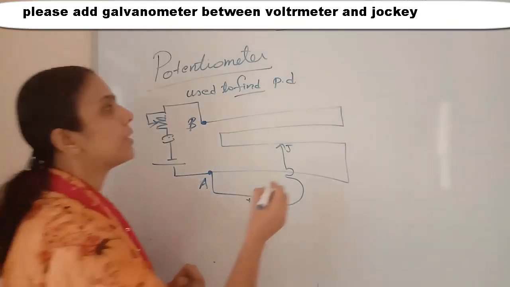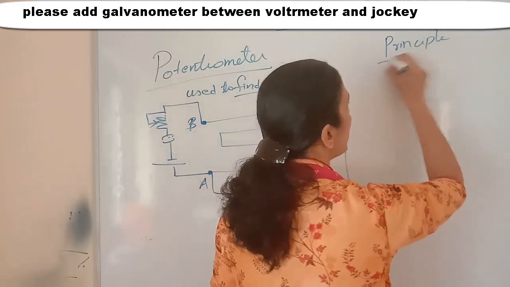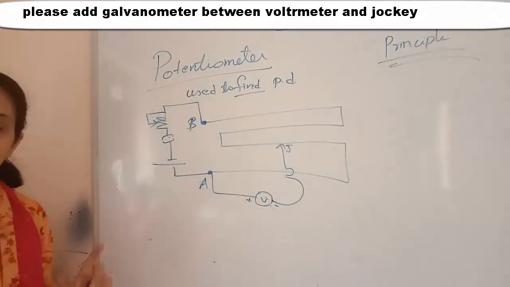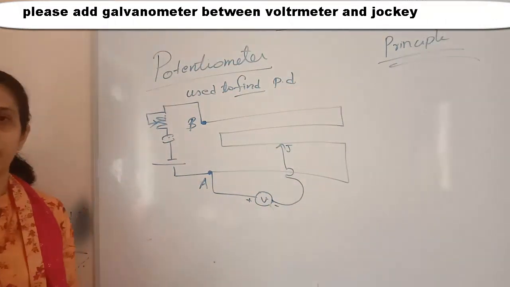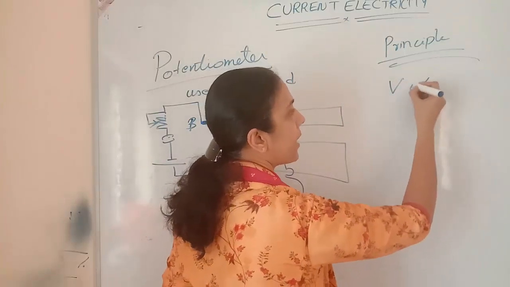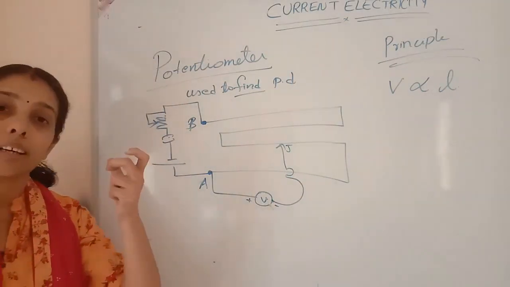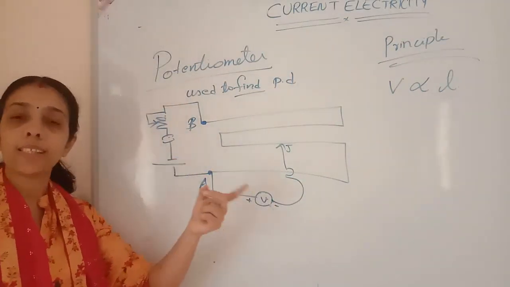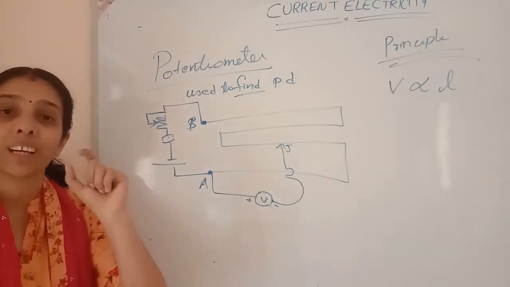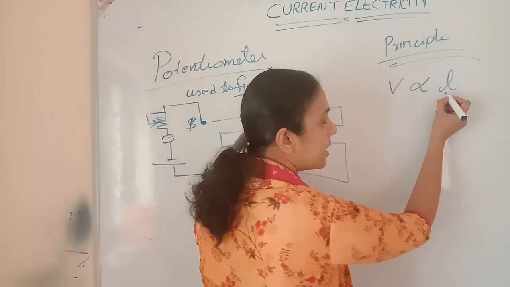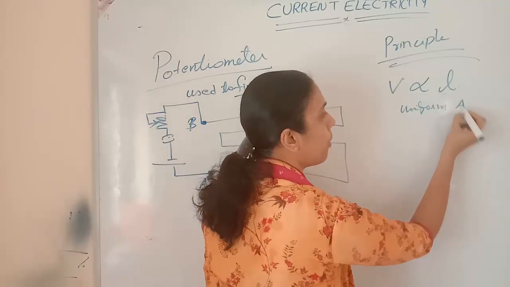Before that, first we will find out what is the principle behind the potentiometer. Potential drop between the 2 points is directly proportional to the length of the wire, where the wire has uniform area of cross section and uniform current.